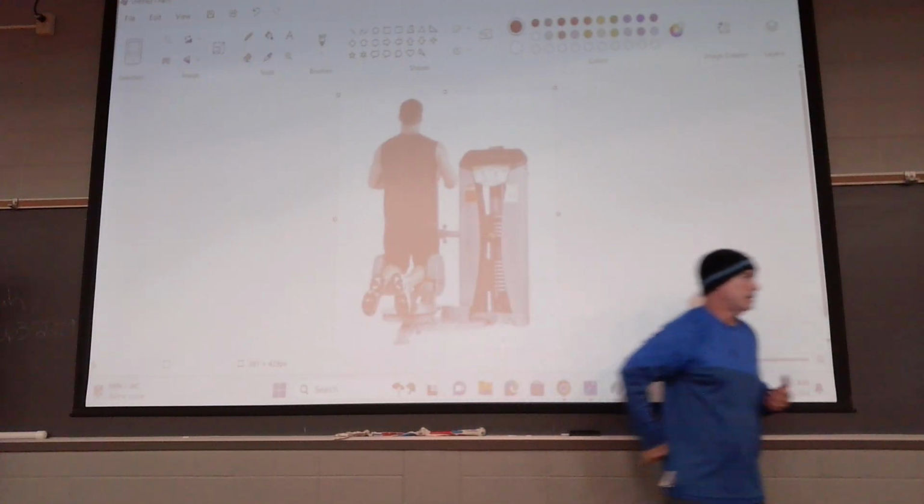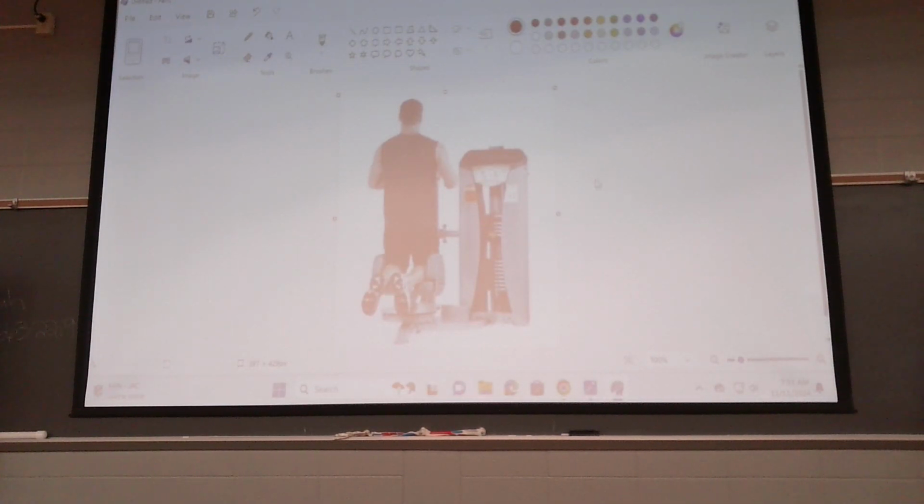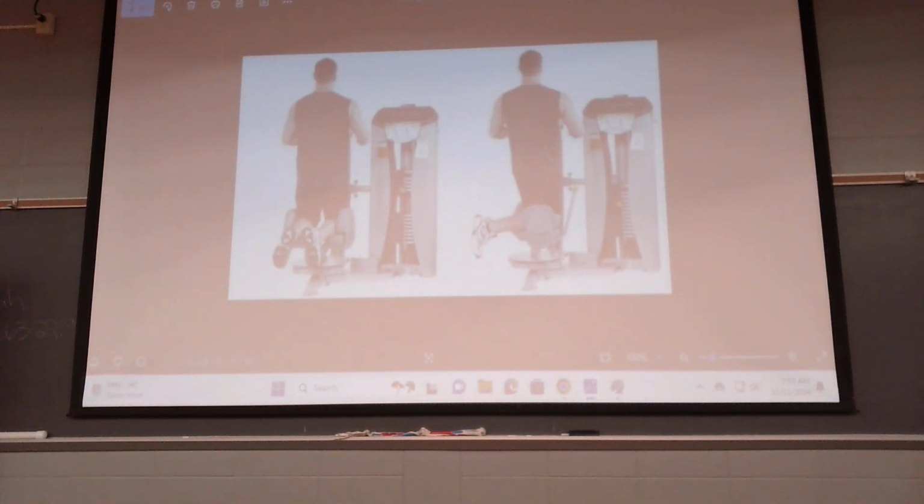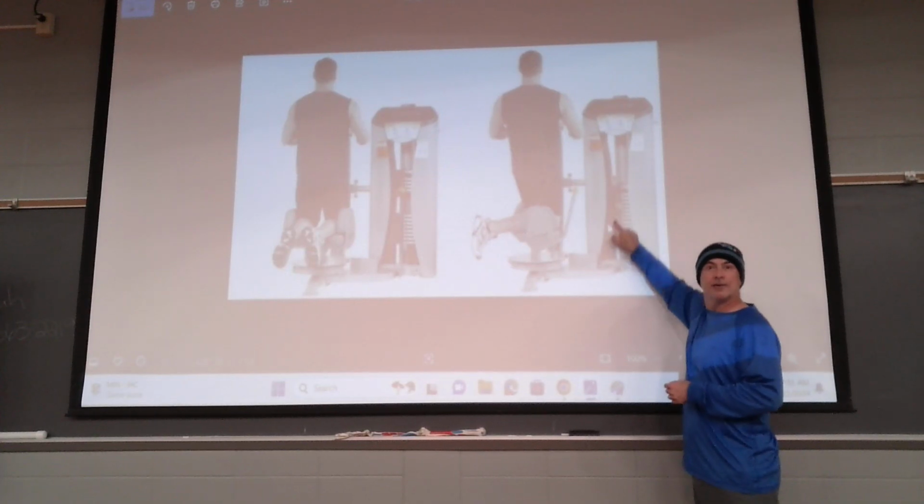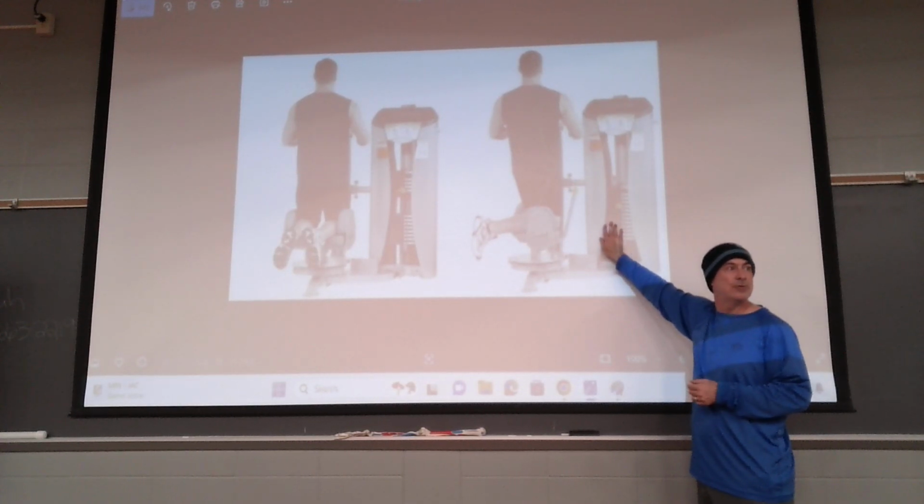Now we do need a reference. We do need a start position before we analyze isometric. So here is the start position. How do I know it's the start position? Gravity did what it was supposed to do.